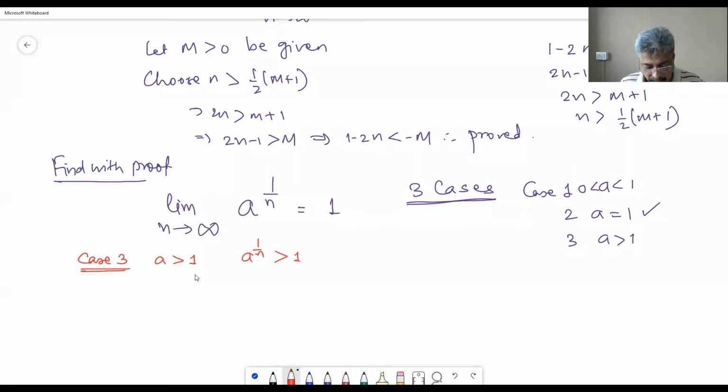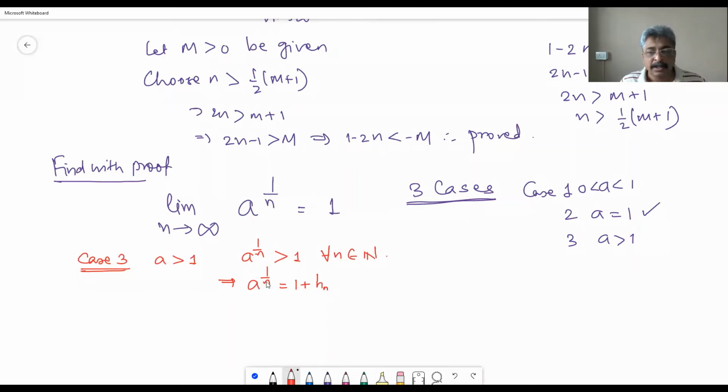If a is greater than 1, then a raised to 1 by n is also greater than 1 for every n belonging to natural numbers, right? So now let us convert this into an equality. a raised to 1 upon n is equal to 1 plus some small number h, and let me add a subscript n to it because that h will depend on what n you take.